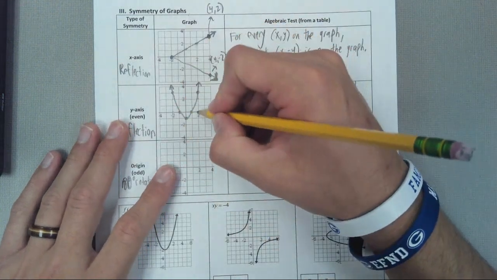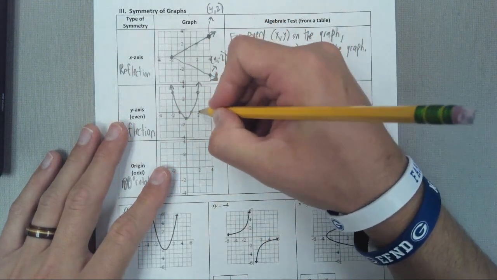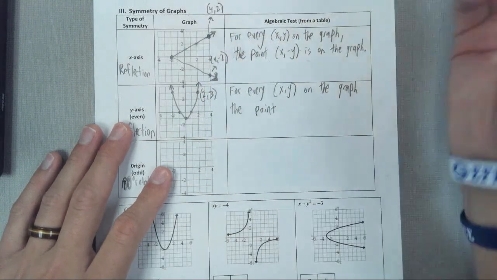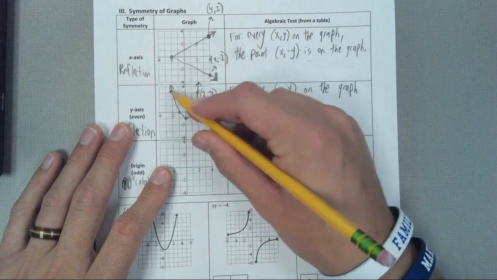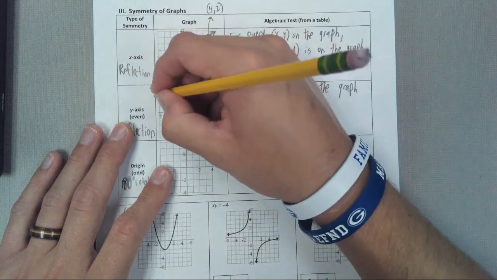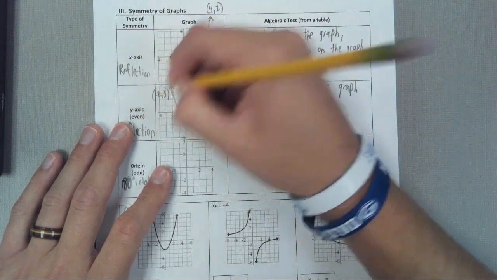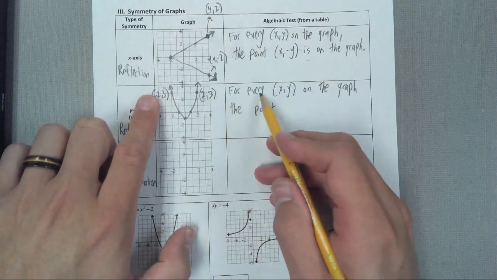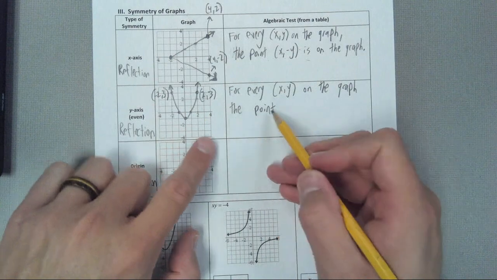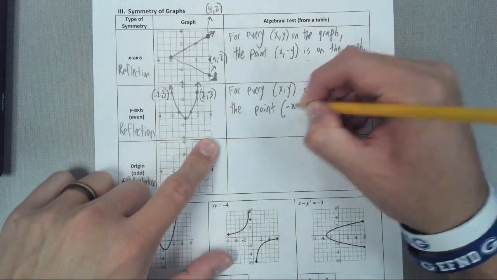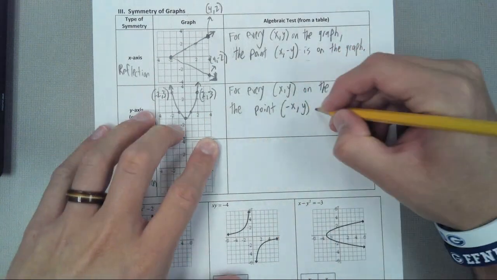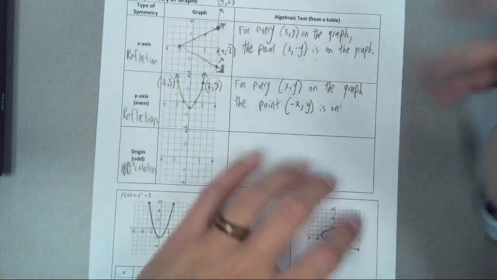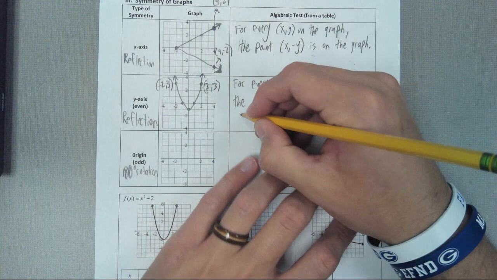Let's look at the points that I have. I have 2, 3, and then the similar point here is negative 2, comma 3. So the only difference between these is you've got a negative. So this one is: for every x comma y on the graph, the point negative x comma y is on the graph.